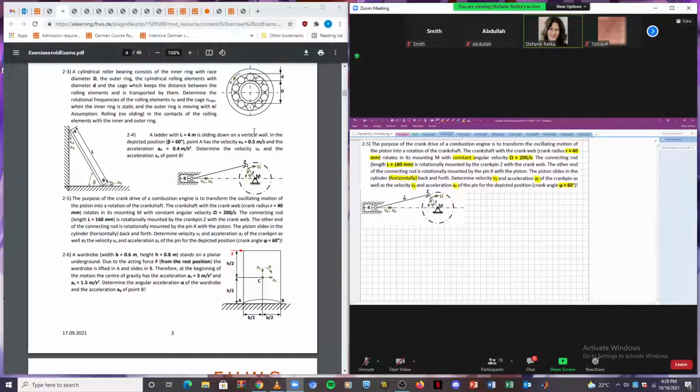Our rod, distance KZ, is a rigid body, and ZM is a rigid body, a beam, a rod as well. And what we said for these types of problems is that we describe the problem as translation plus rotation. Well, we will have a look at different options to solve this problem. Let's call it option 1.